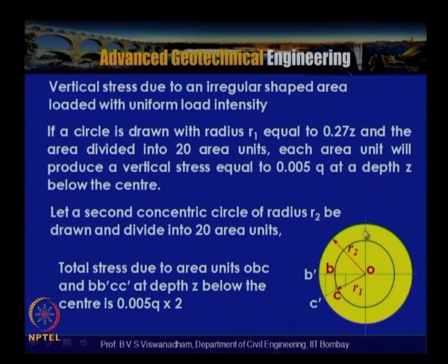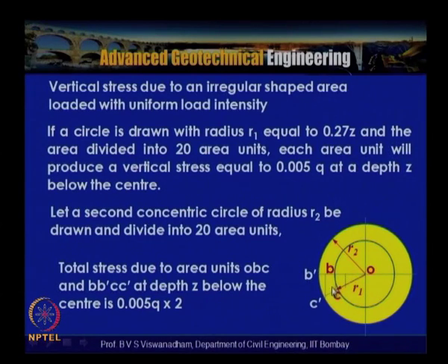Now we take another circle of radius R2, where R2 is greater than R1. The second concentric circle is drawn and divided into 20 area units, and the total stress is due to area units OBC and OB dash C dash.